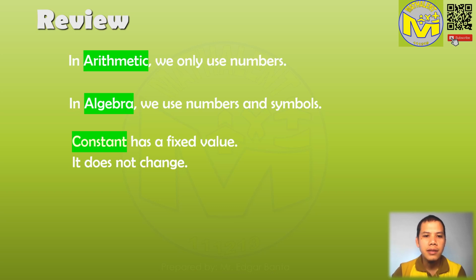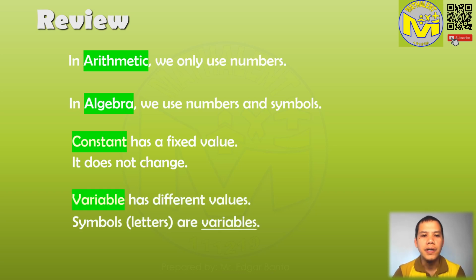What is a constant? A constant has a fixed value, or it does not change. Variables have different values. Variables are letters or symbols. So those are the things we have learned last time.